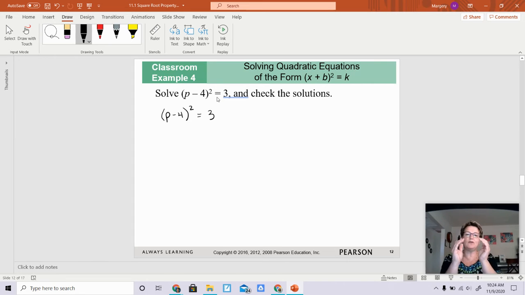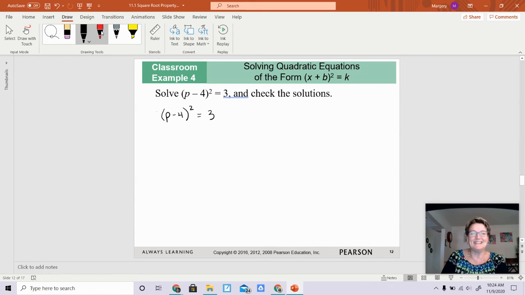So the p minus 4 squared is completely alone, just like when we had x squared by itself. As long as there's not a number in front of this and not a number behind it, we can use the square root property to solve the quadratic equation.